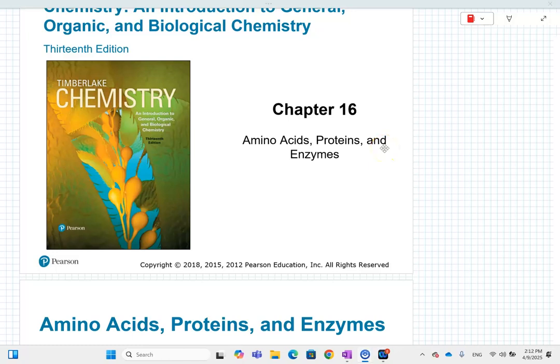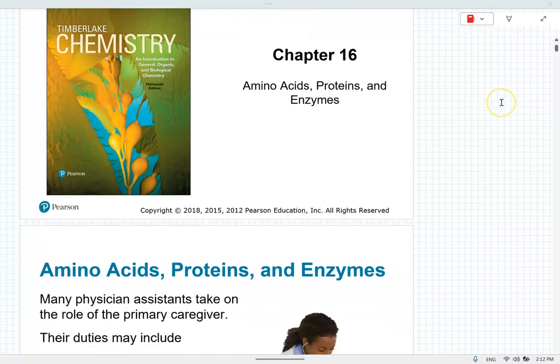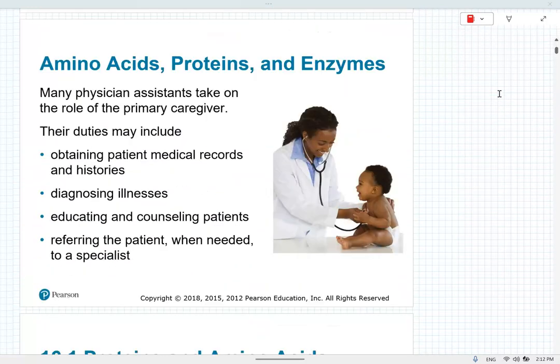So we're going to discuss, generally speaking, proteins and what they do, focusing in particular on their role as biological catalysts, i.e. enzymes.